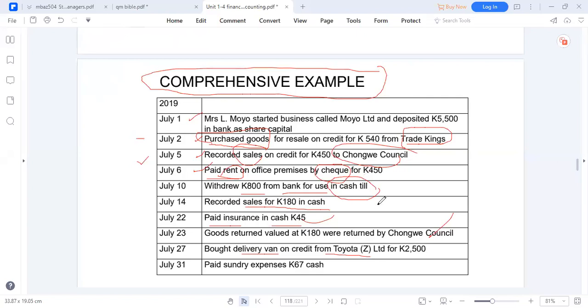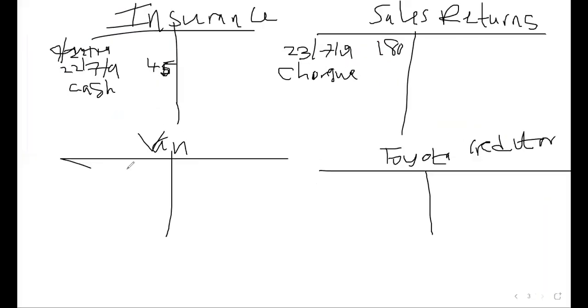27, okay, 2,500. So it is a 25 from Toyota. And it was on 27/7/19.